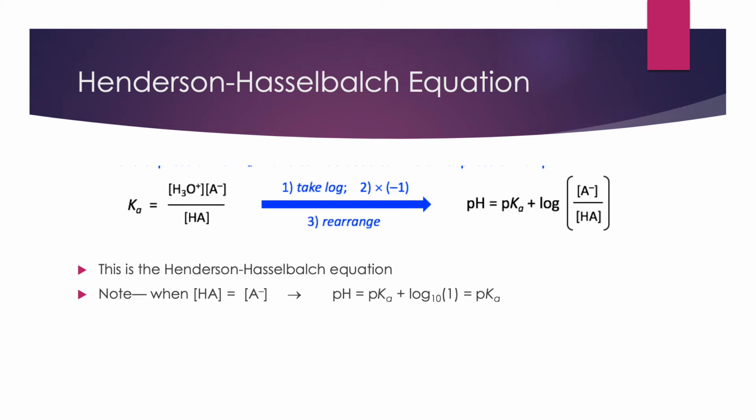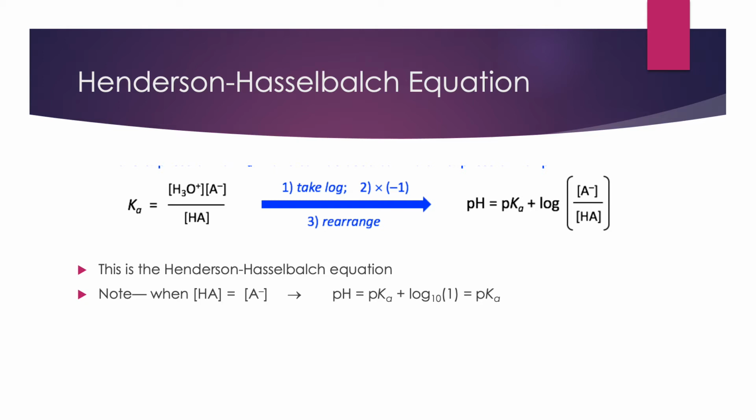So we can turn Ka into pKa by taking the negative log of that side. If we take the negative log of the right-hand side, we end up with the negative log of that particular expression involving different concentrations in the solution.